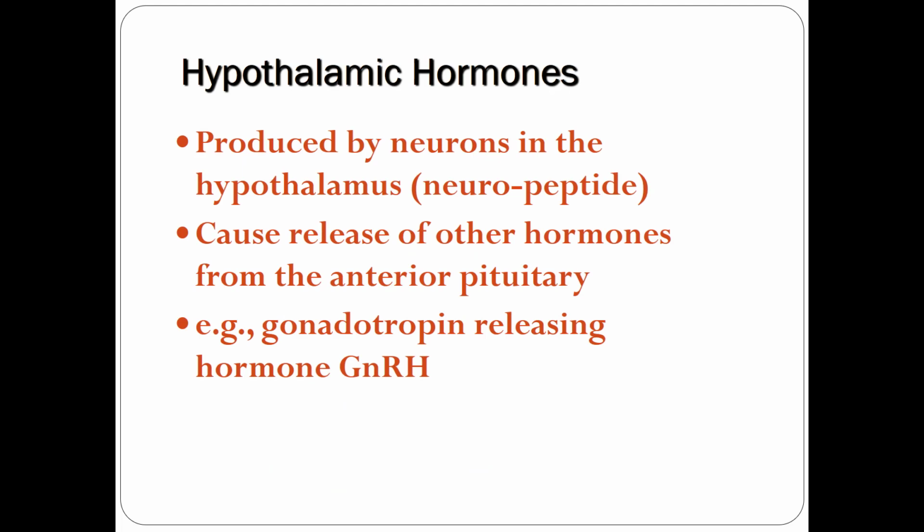So in the hypothalamus, the hormone that is going to be the main regulator is gonadotropin releasing hormone, but there are some other ones that are also involved with this process. And so all the hormones that are produced in the hypothalamus or by neurons in the hypothalamus are classified as a neuropeptide. So neuro meaning brain, and then peptide meaning short or small protein.